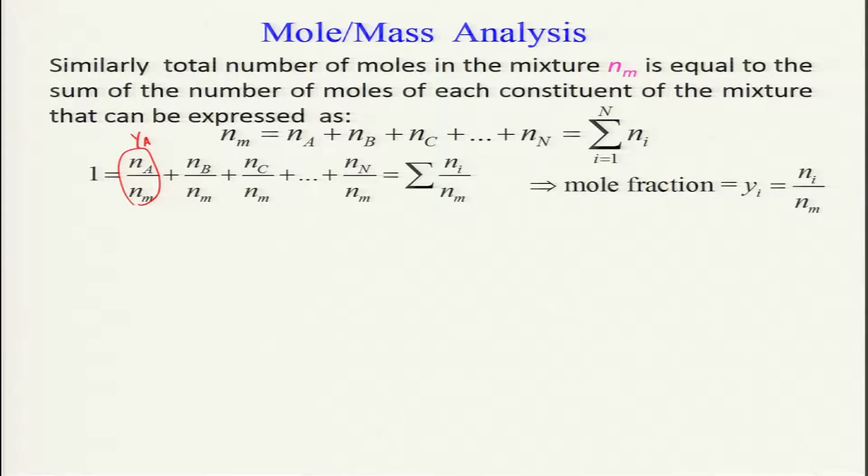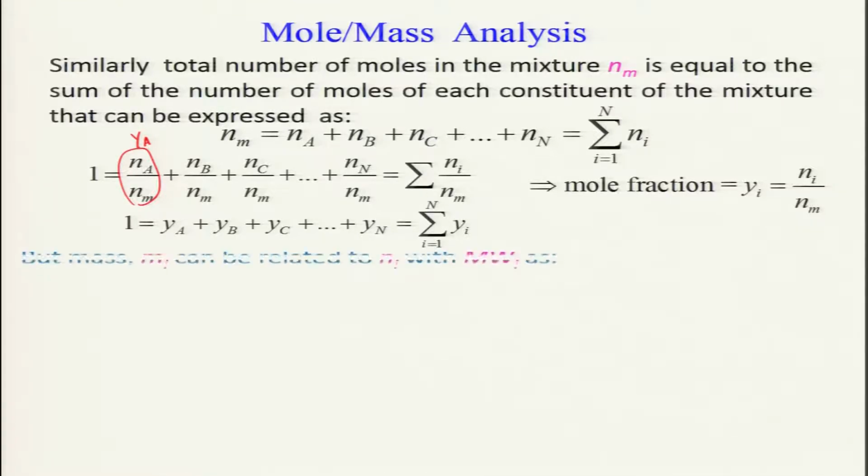And similarly you can express this as 1 is equal to Ya plus Yb plus Yc, and goes on till plus Yn, and keep in mind that the sum of mole fractions of individual species of a mixture is equal to 1.